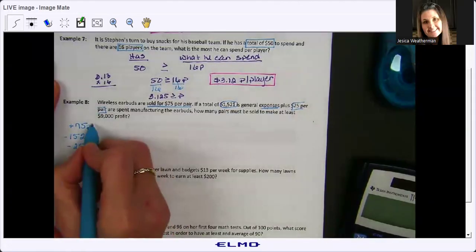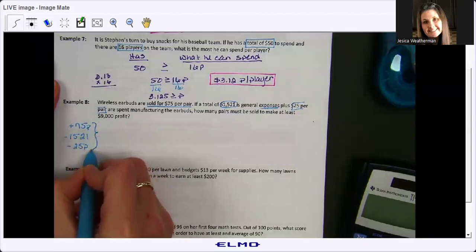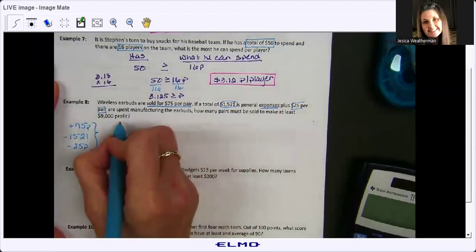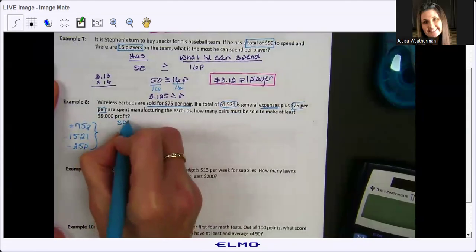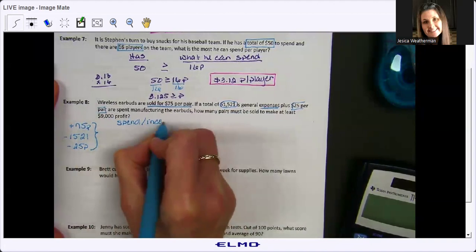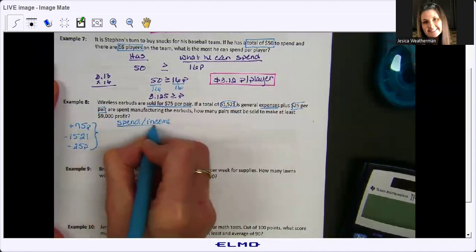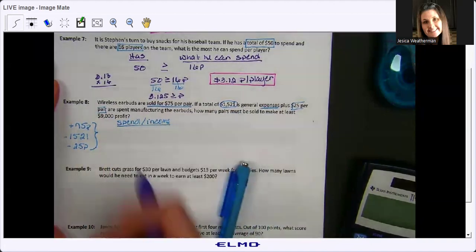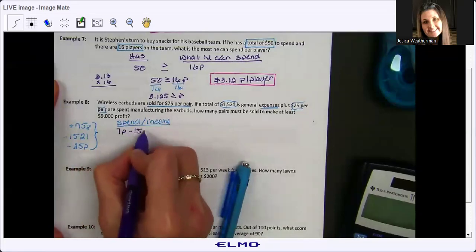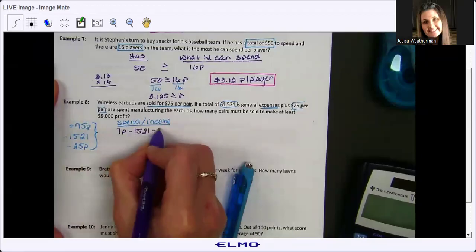So this is how much they're going to spend and how much income they're taking in. That would be 75p minus 1,521 minus 25p.